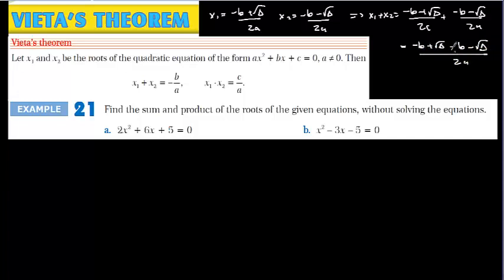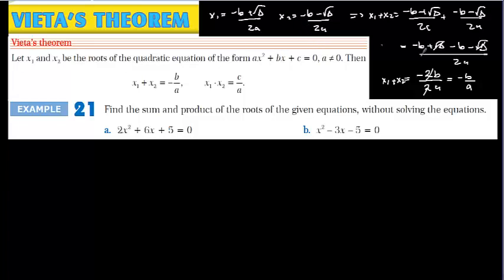If you simplify this, x1 plus x2 is equal to minus b and minus b, which is minus 2b over 2a. If you simplify the 2's, the answer is going to be minus b over a.